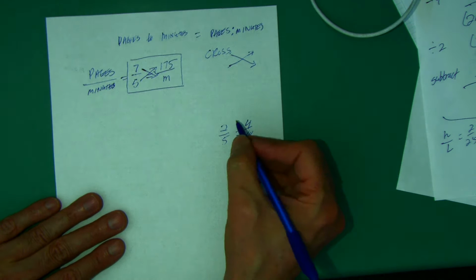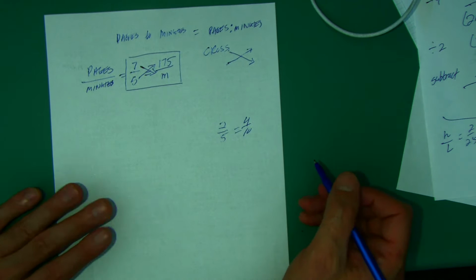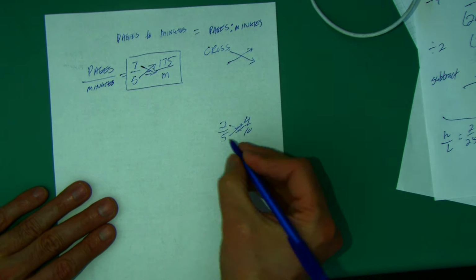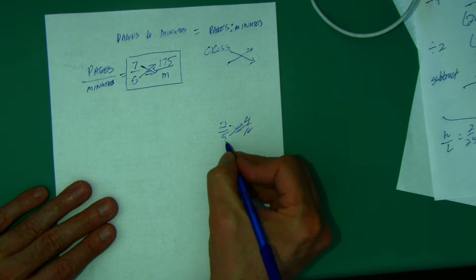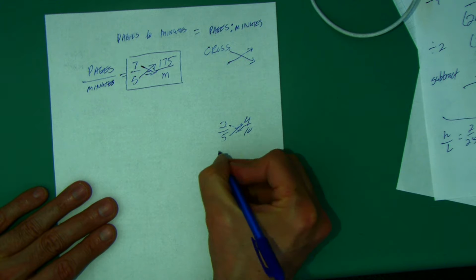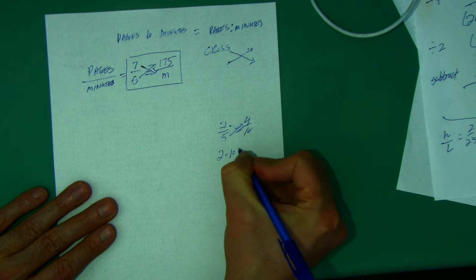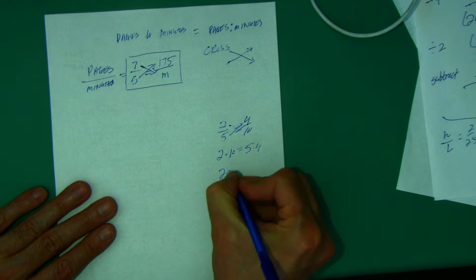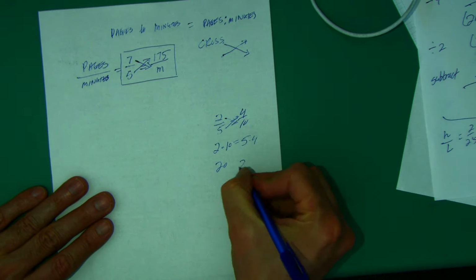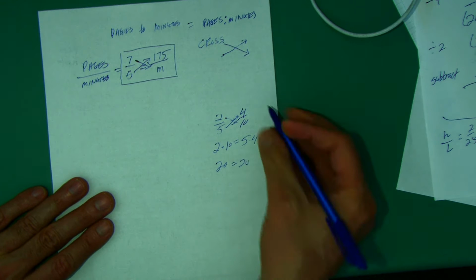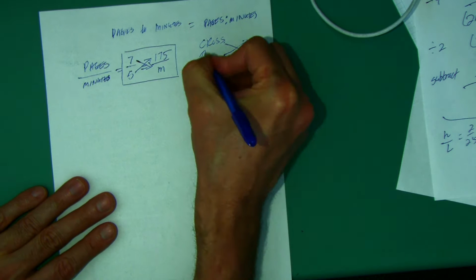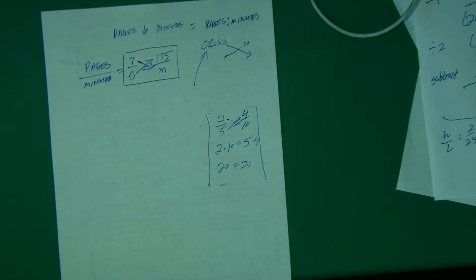Whenever you have equivalent fractions, you can cross multiply and get the same answer. So 2 times 10 should also equal 5 times 4. What's 2 times 10? 20. What's 5 times 4? 20. So again, this is just me proving that you're allowed to do this cross multiply thing.